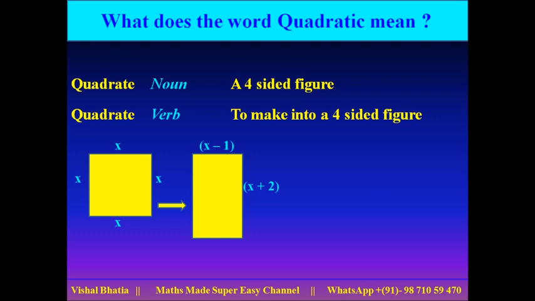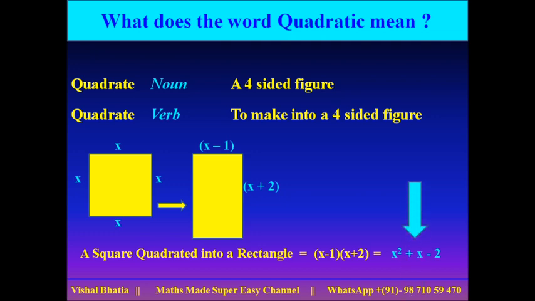So if we were to calculate the area of the rectangle so obtained, what we get is x minus 1 multiplied by x plus 2, which is equal to x square plus x minus 2. And what is x square plus x minus 2? It's nothing but a quadratic equation. I have a square which has been quadrated into a rectangle.